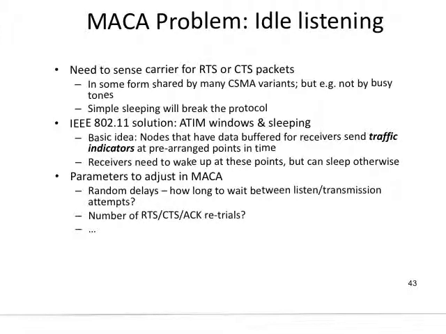Okay. The other approach, which has been proposed in one of the research papers, is to use what we call an ad hoc traffic indicator map. So let's forget for a second about the word ad hoc, and consider the traffic indicator map.